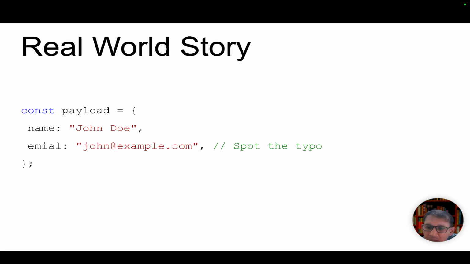Now, let me share a real bug that demonstrates how costly these problems can be. This involves a vanishing email address. A front end developer was creating a user registration payload and misspelled email. The backend API was configured to ignore unknown fields, a common pattern for API flexibility.